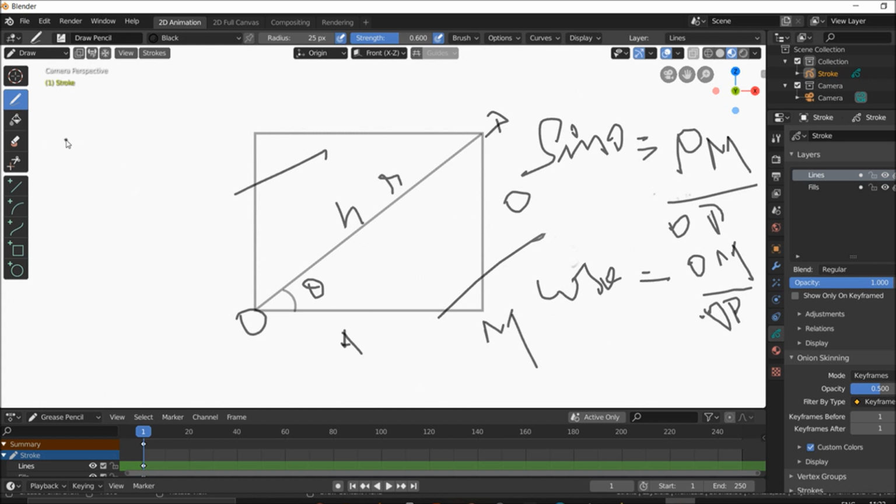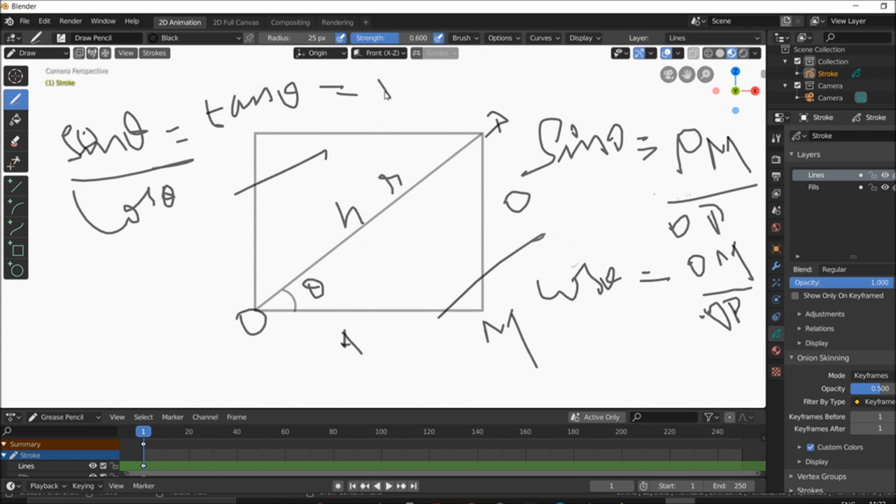With this sin theta and cos theta we got, we know sin theta by cos theta will be tan theta. Because we are considering y by x, it should be PM, that is opposite by adjacent OM. So this is our tan theta.